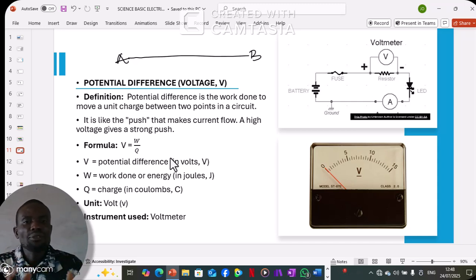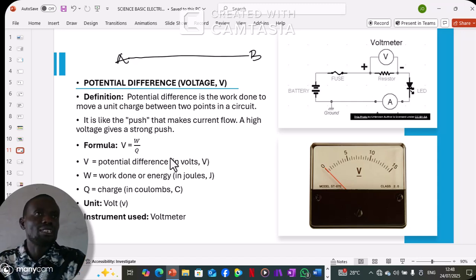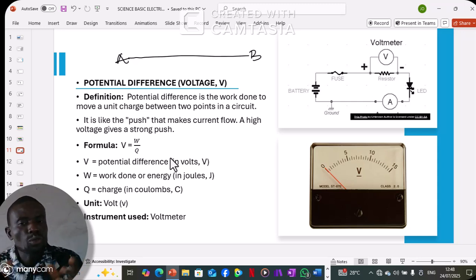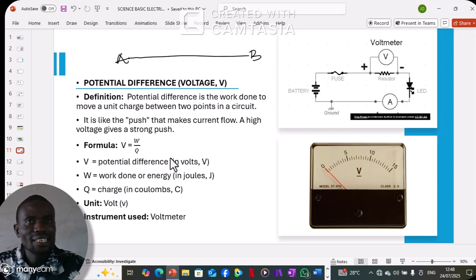So we can now say the relationship between voltage and current is that voltage is directly proportional to current. I want you to understand that the more the voltage, the more the current. If the voltage is high, the current will be high. So that is why we say it interchangeably. Whether you say the current is low or you say the voltage is low, both are correct, because if voltage is high, current will be high.